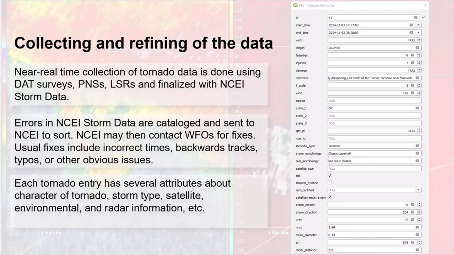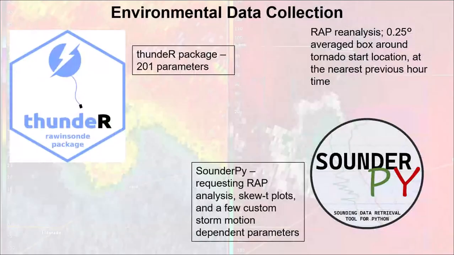So NCEI has a spreadsheet with a few other collaborators, and they will contact WFOs asking if these entries do indeed have errors in them. And then every tornado, like I said, has several attributes. Some about the tornado, if it's a landspout, waterspout, mesocyclonic, storm types, satellite, and environmental, and then radar information as well.